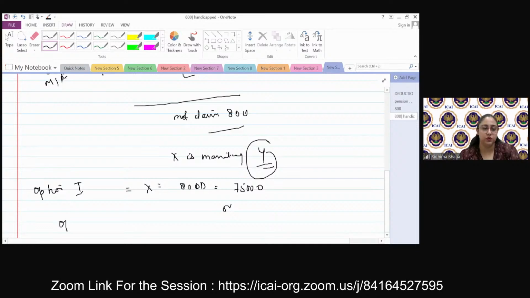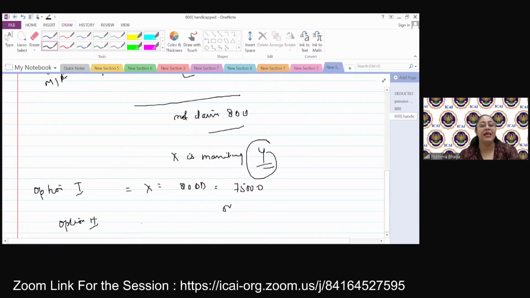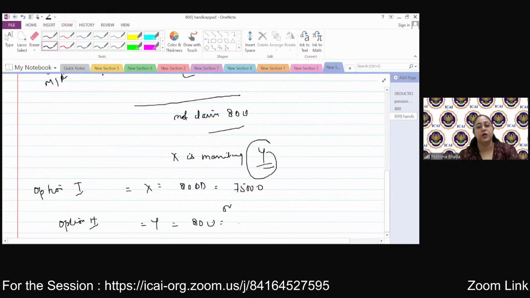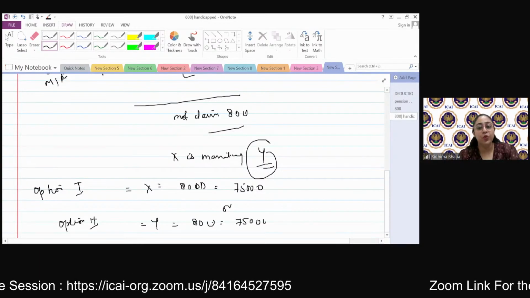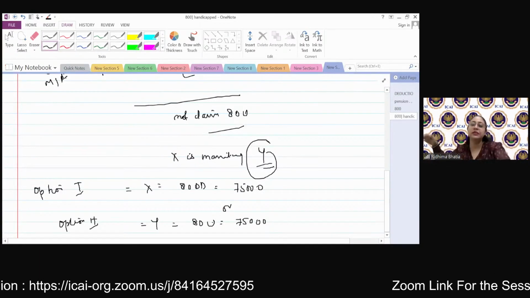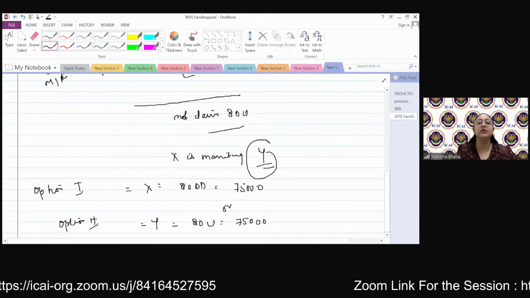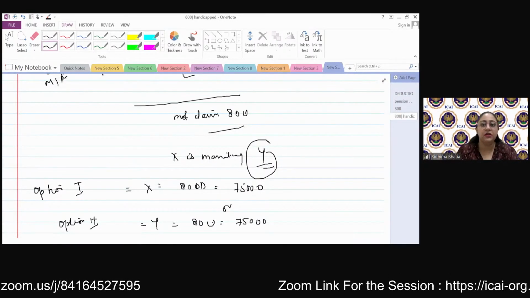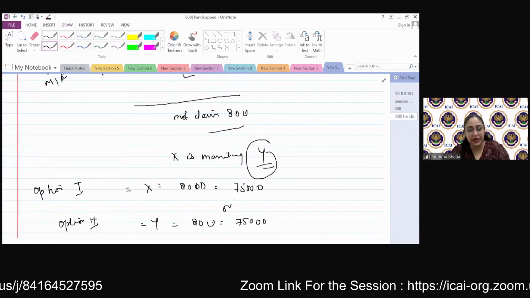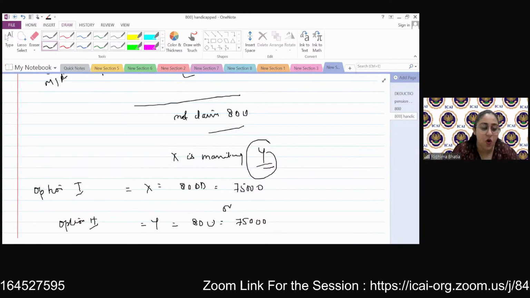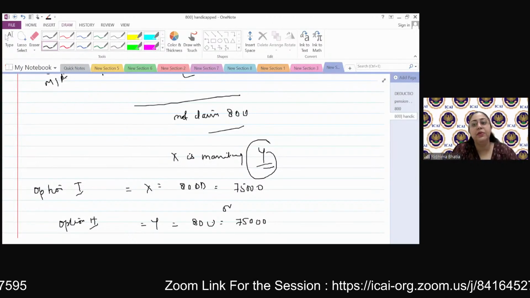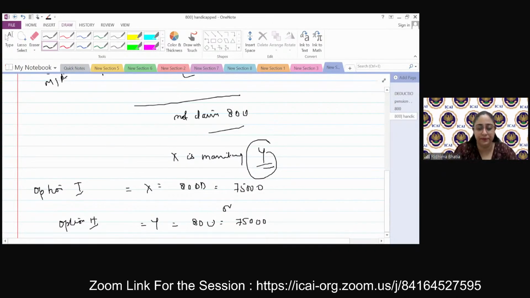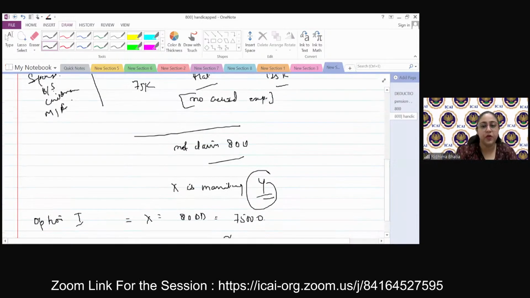Or option two, Y can claim 80U in his return of income for 75,000. But both cannot claim: Y in his return claiming 75,000 and X in his return claiming 75,000. Either of them can claim the deduction. So either the disabled person himself will claim deduction under 80U, or the person who is maintaining the dependent will claim the deduction under 80DD.